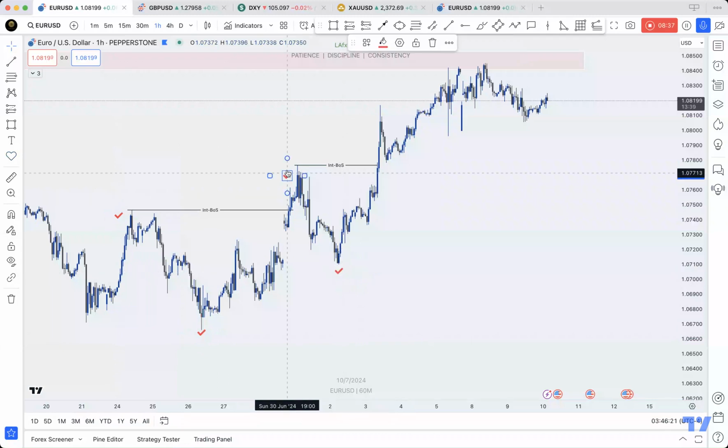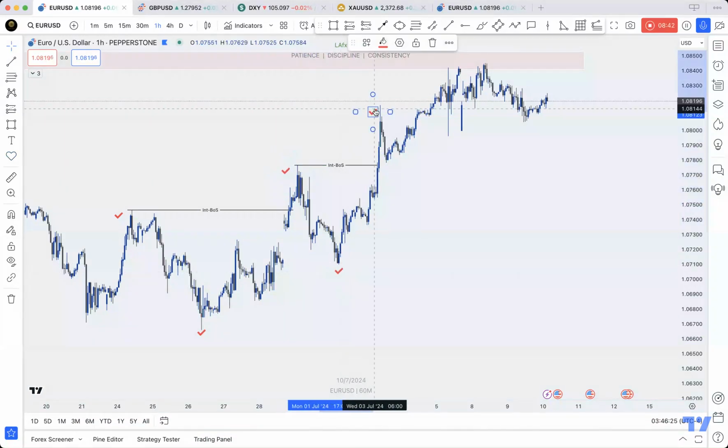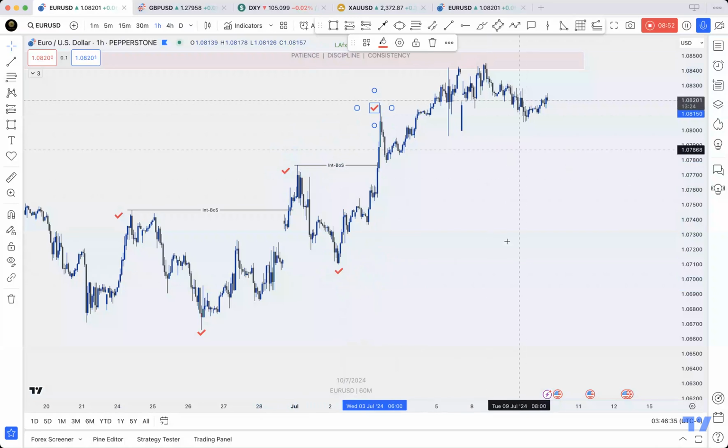This is our new higher high. We haven't formed a lower high yet, right?